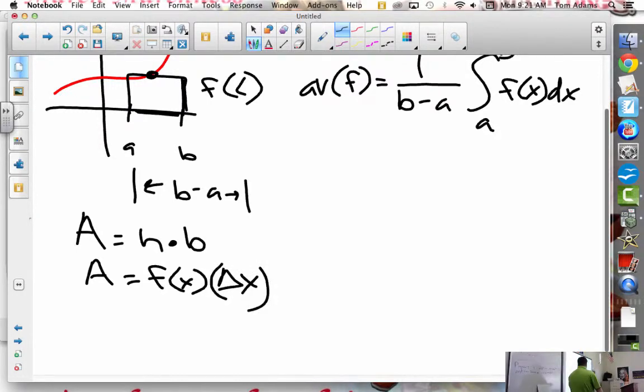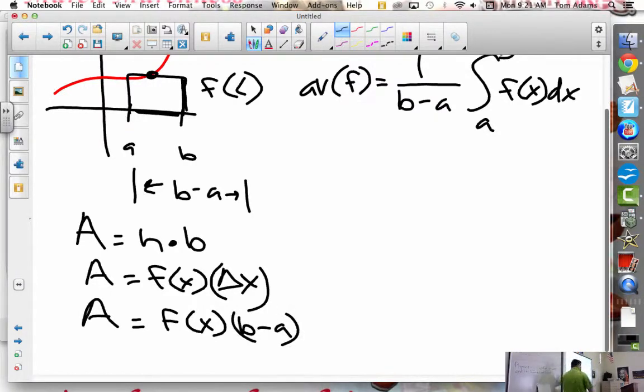So that area is the height times the base, or f of x and then delta x. Well, we said that delta x, if we just do one rectangle, would be b minus a, right? Does that make sense?